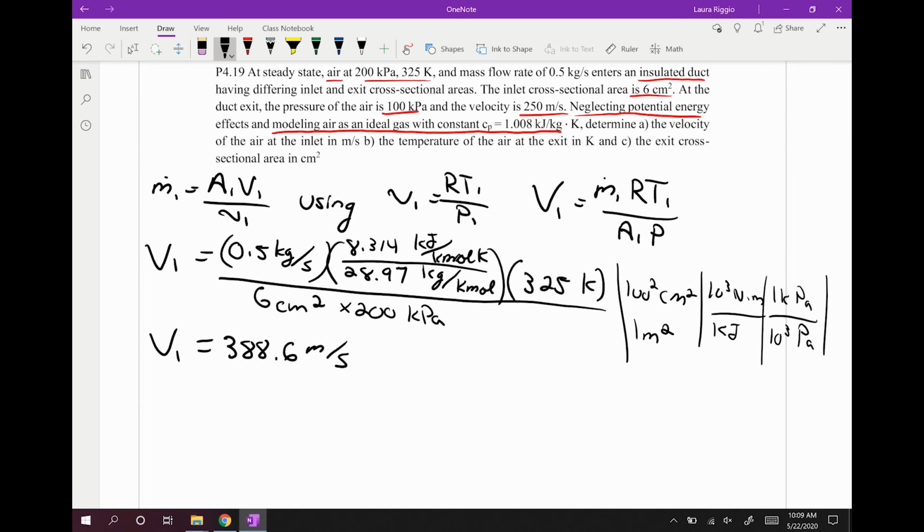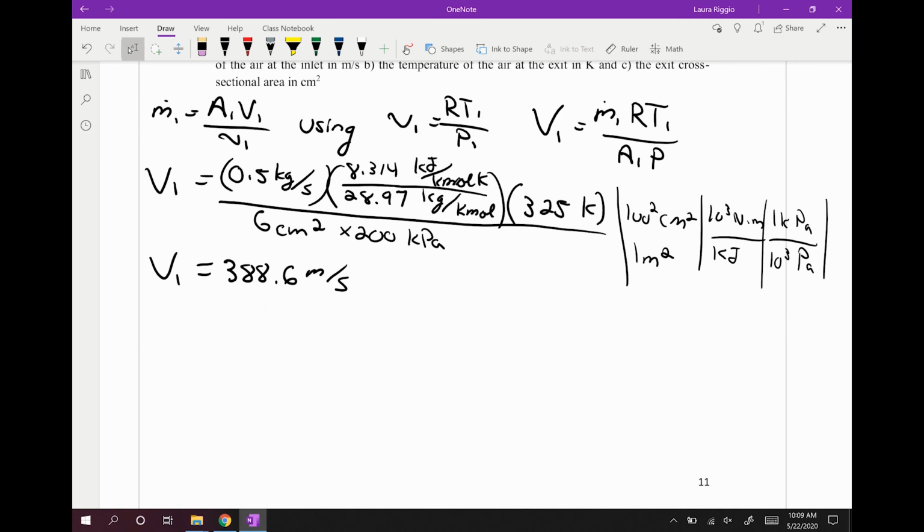The next part of the problem wants us to determine the temperature of the air at the exit.